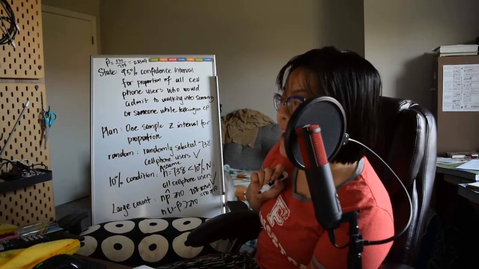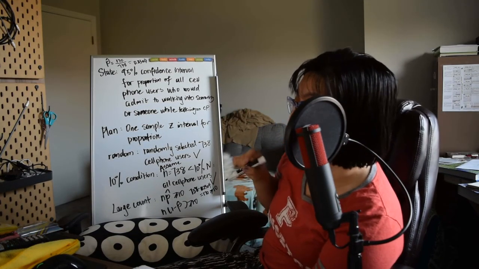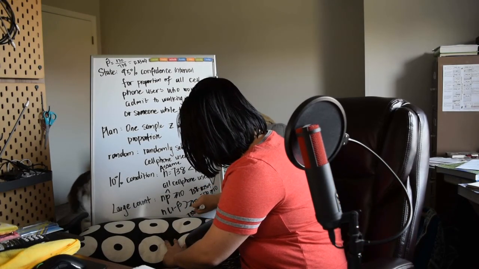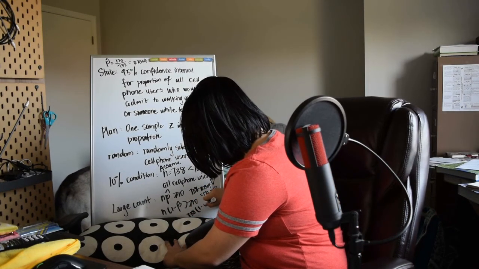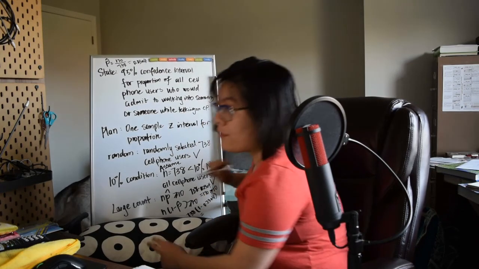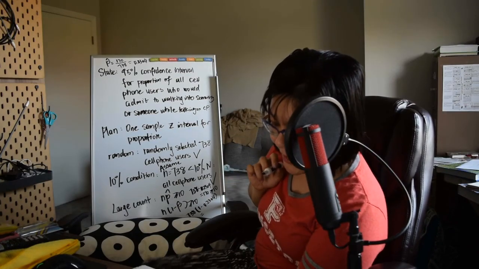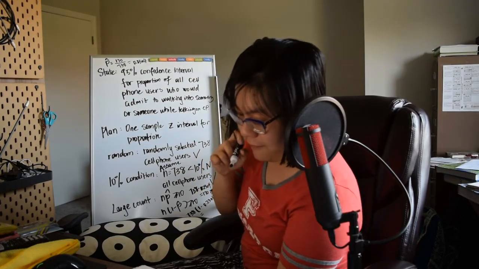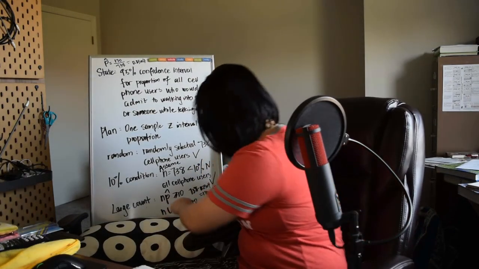And then you're gonna check n times 1 minus p. So 738 times 1 minus 0.2304. Use your calculator; what I got is 568.